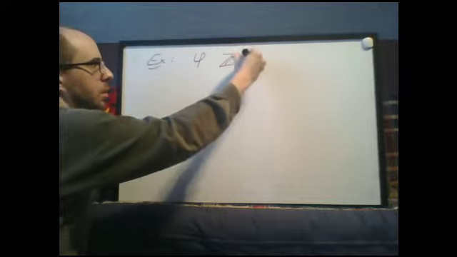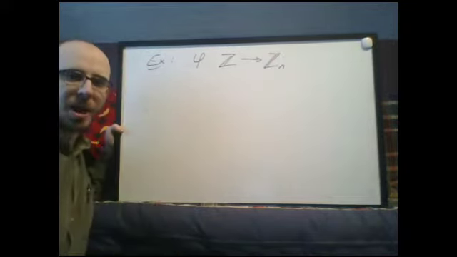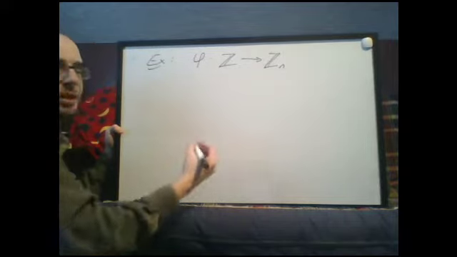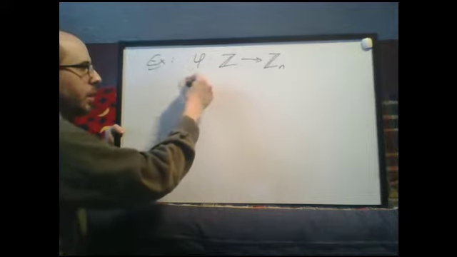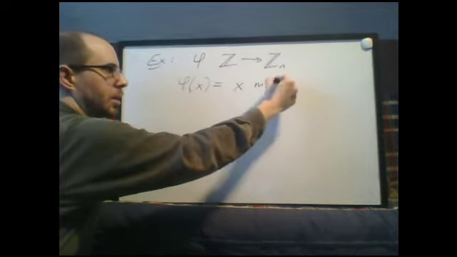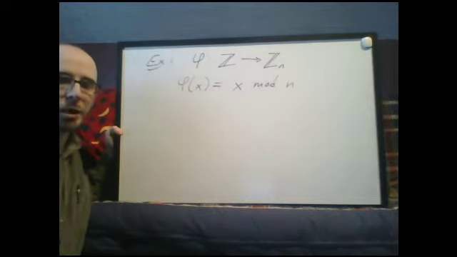So one example is our modding function. If I take the function from the integers to the integers mod n, given by phi of x equals x mod n, that's a ring homomorphism.